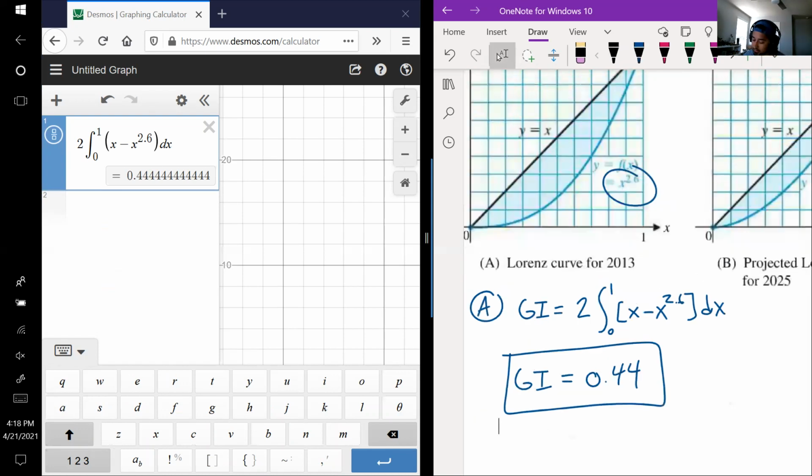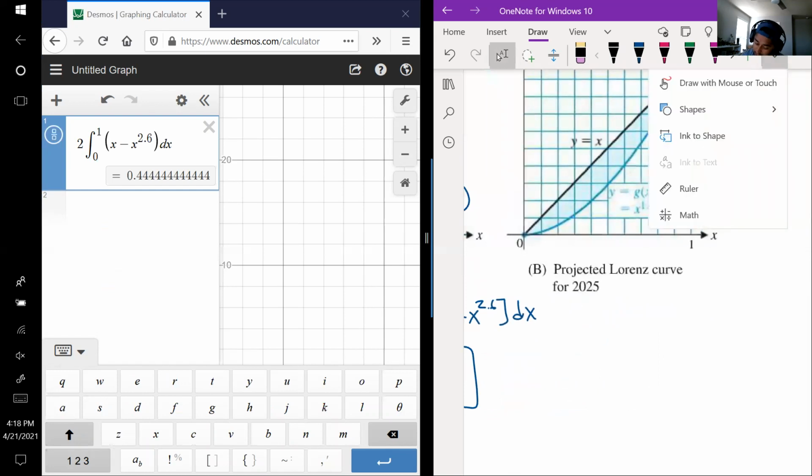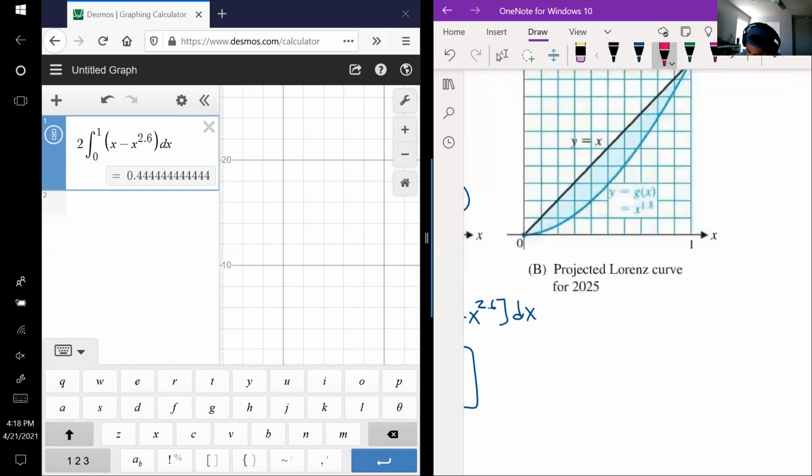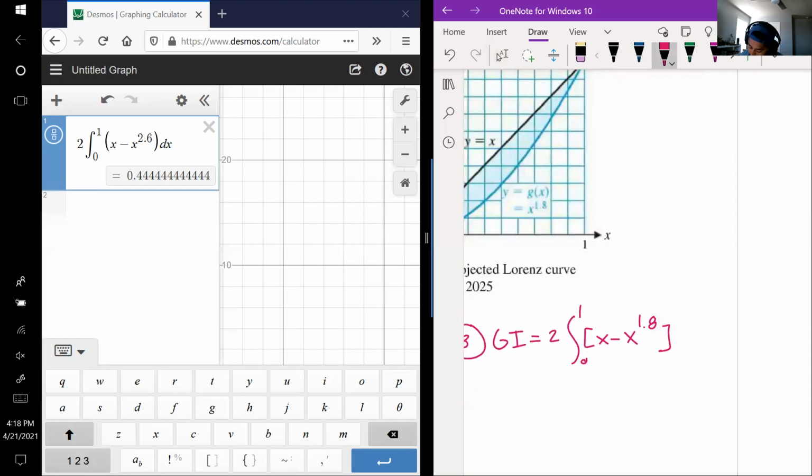And then let's go ahead and do it for 2025. So for B, our Gini index would be 2 times the integral from 0 to 1 of x minus x to the 1.8 dx.